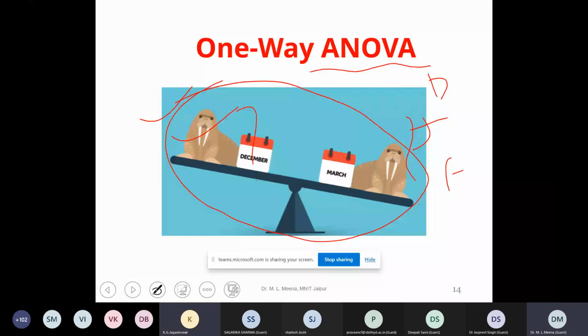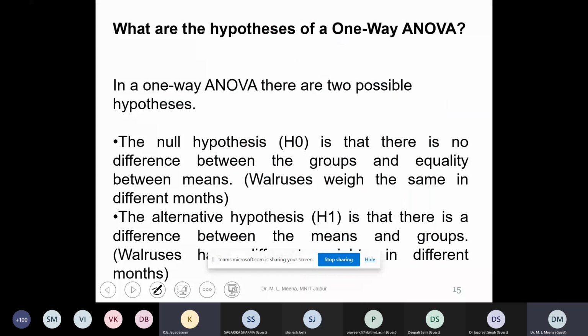So this is the hypothesis design. In one-way ANOVA, there are 2 possible hypotheses. The null hypothesis is that there is no difference between the groups and the means are equal: walruses weigh the same in different months.